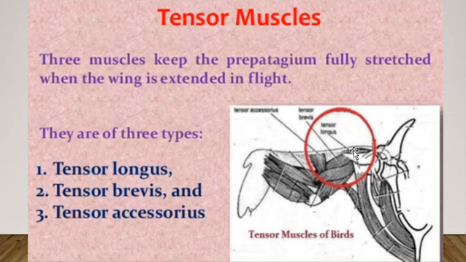So remember, this is also the pectoralis major and pectoralis minor. Those are the muscles that help in bird flight.